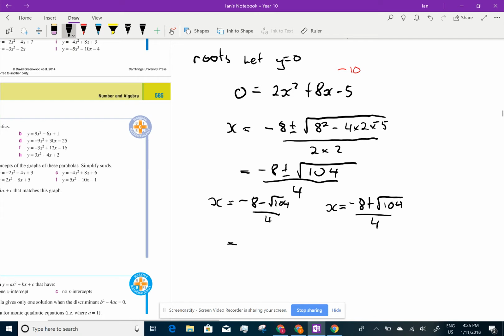So I've got negative 8 minus root 104 over 4, and we get negative 4.549, so negative 4.55.